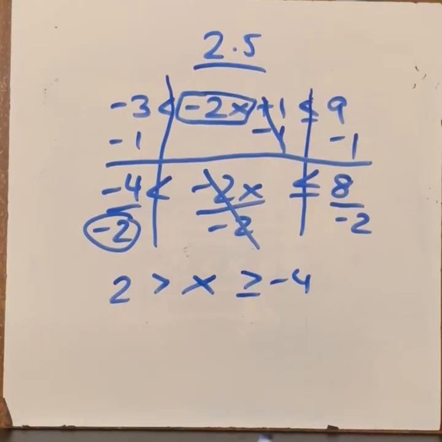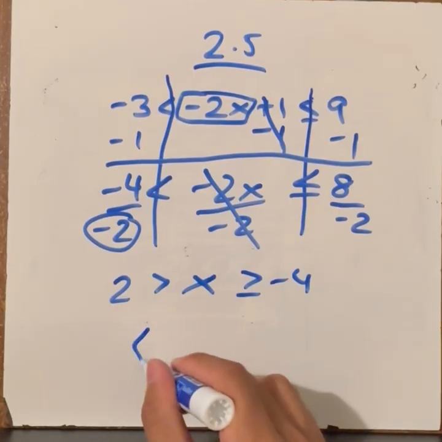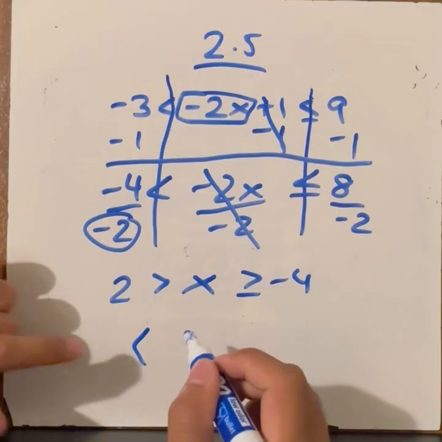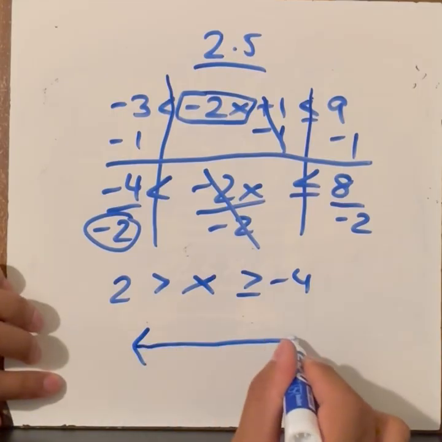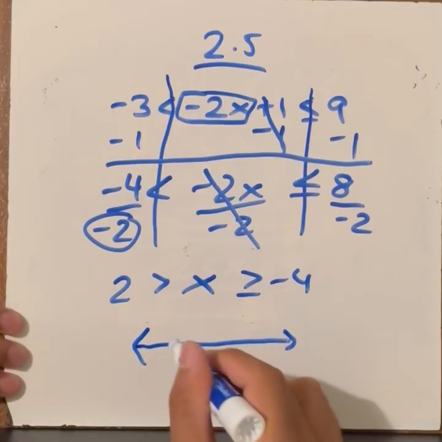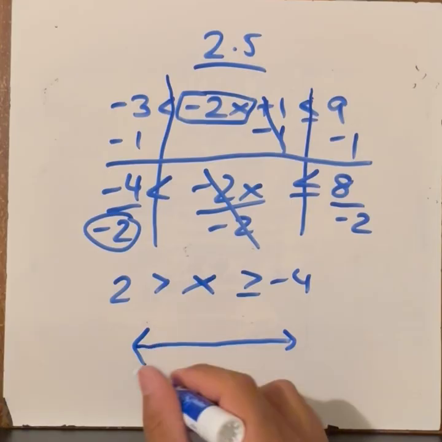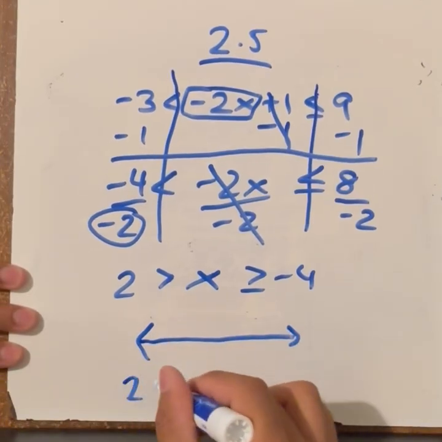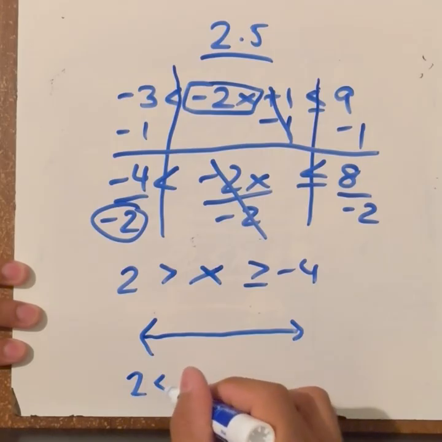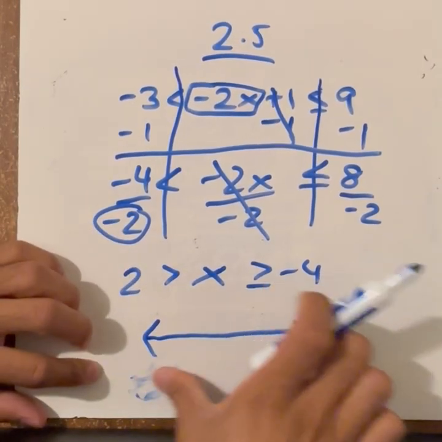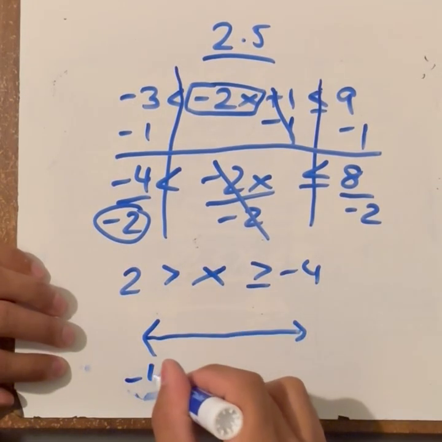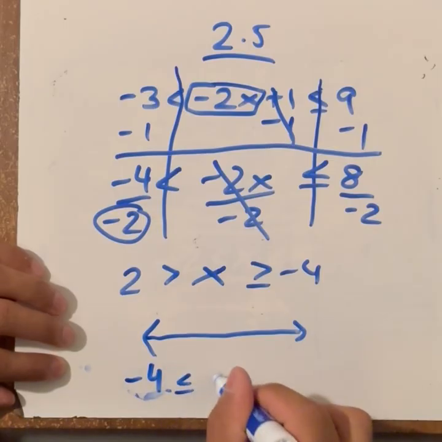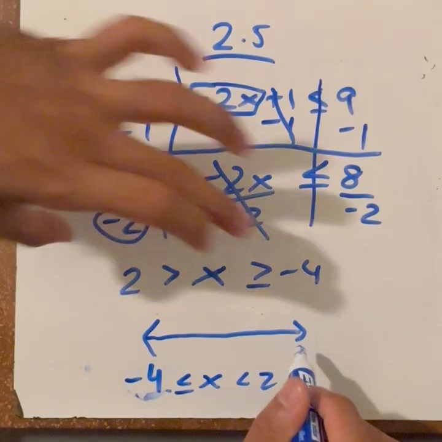So looking at this tells us that we could put this on a number line. What you would want to do also is say that this is the same thing as negative 4 being less than or equal to x being less than 2. Okay, so just flipping this whole thing.